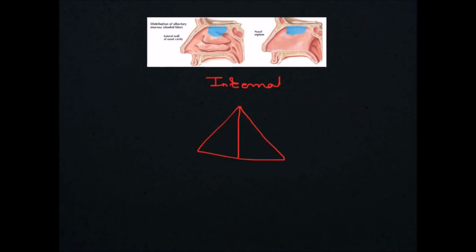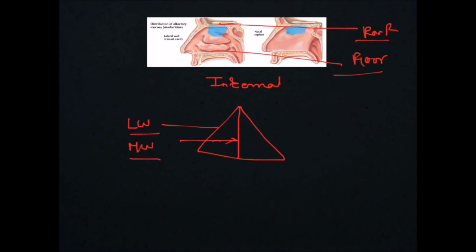Each one has a lateral wall, medial wall, roof and floor. Everything is clear from this diagram, I hope so. So the internal nose is divided by the nasal septum into two nostrils, and each nostril has a lateral wall, medial wall, roof and floor. We are going to talk in detail about these.